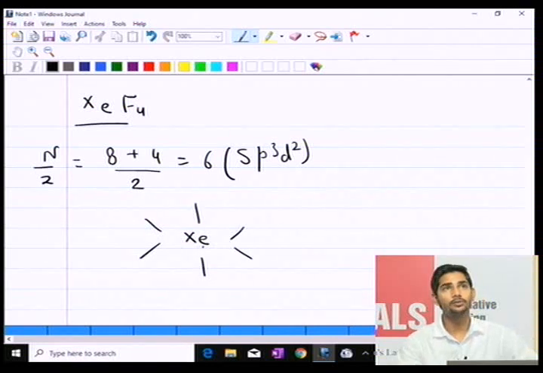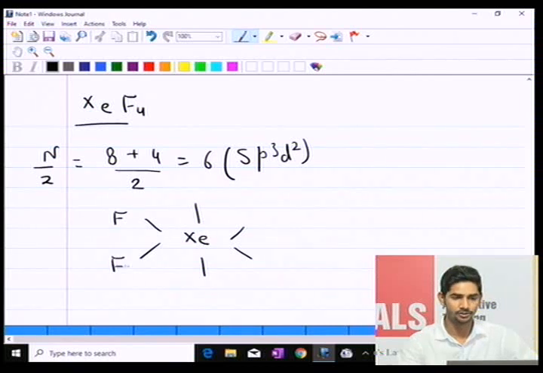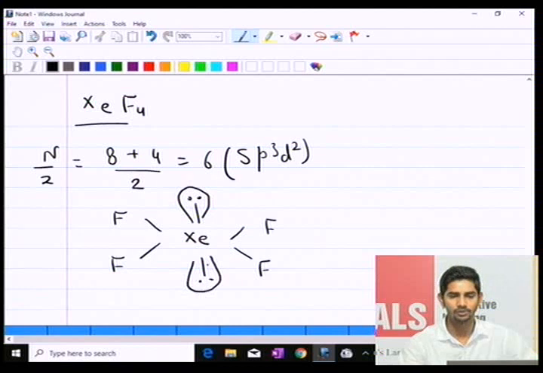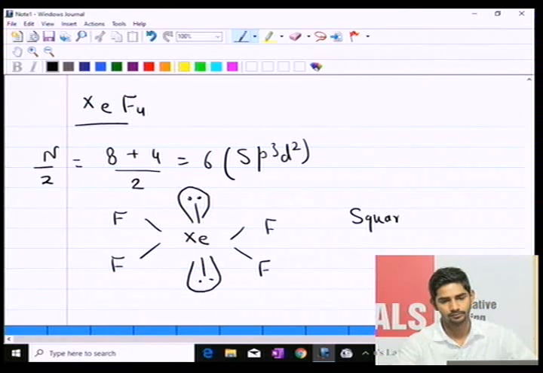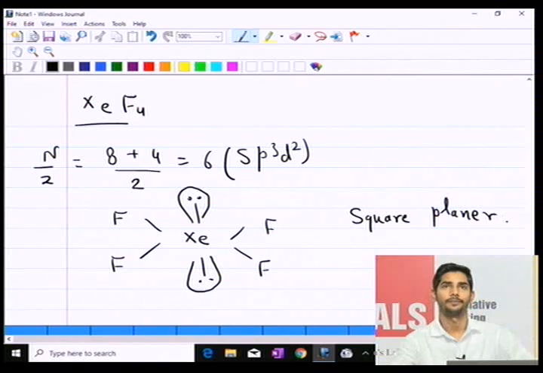So guys, as we know that we have to fill the square positions first. Let's fill the square positions first. And after that, these will become the lone pairs. And this shape is known as your square planar shape. Square planar. That's it.